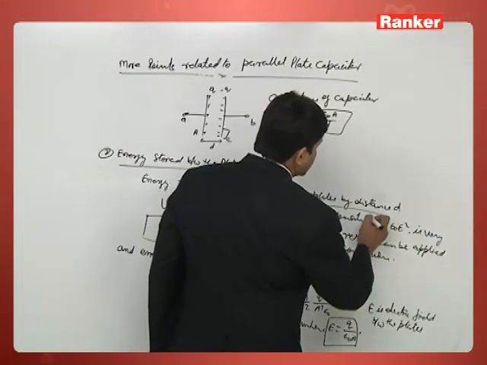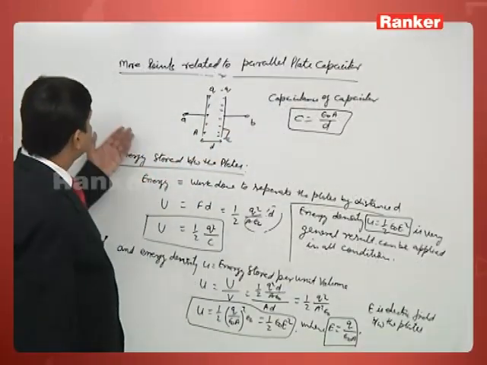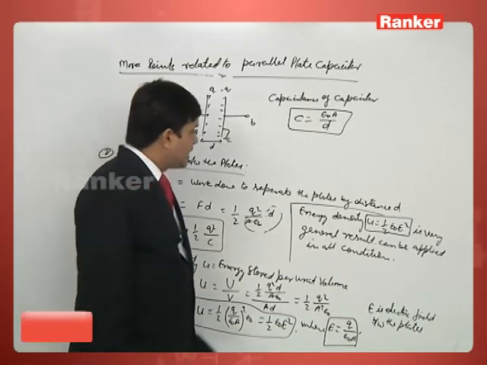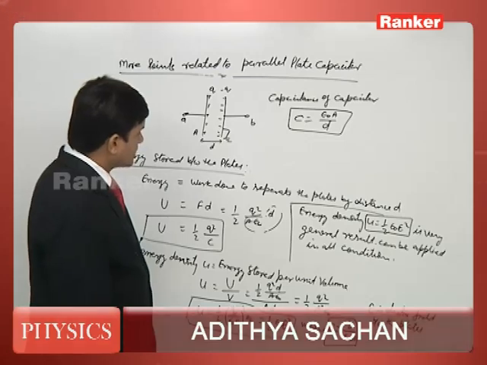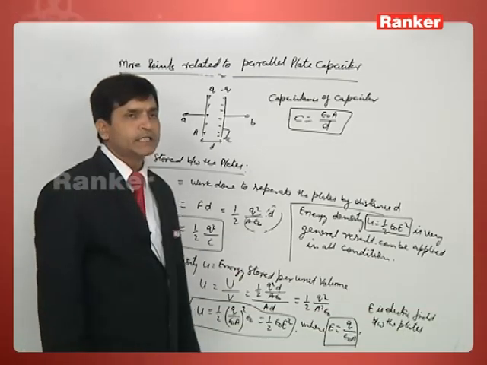So this is a very, very important result. These are some basic points related to the parallel plate capacitor. And next is Kirchhoff's law as well as charging and discharging of a capacitor.